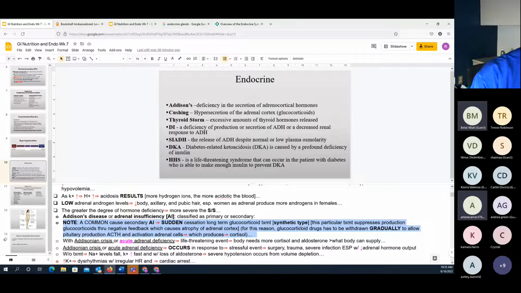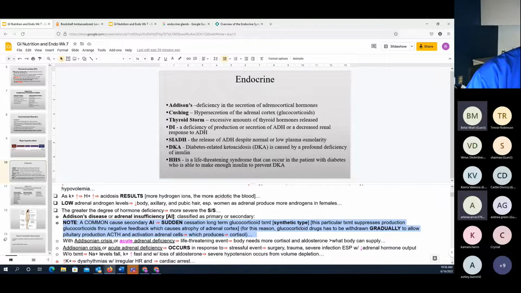The reason we slowly wean that medication is that as we wean it, we are allowing the adrenal glands to begin to produce more of their own. So by the time we get down to a low dose of Decadron, your adrenal gland would have produced enough steroids to take over, so that the body can handle the stress it needs to. And so this is why we have to decrease it slowly.